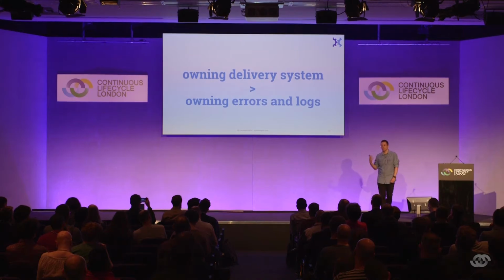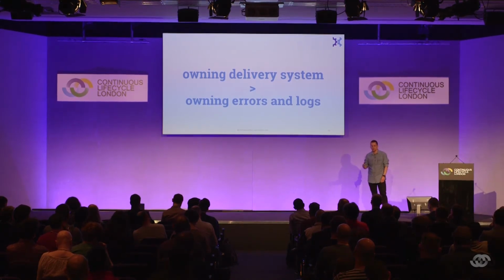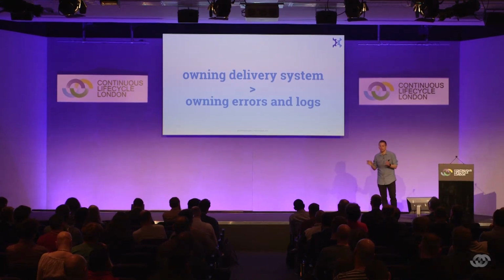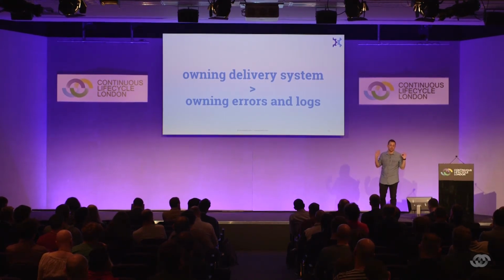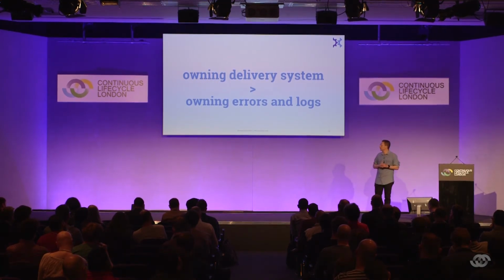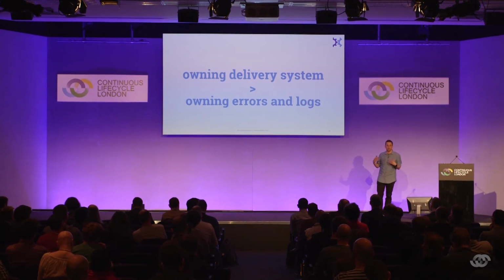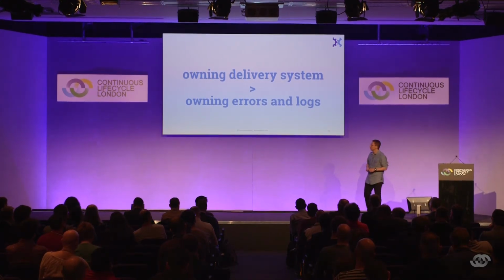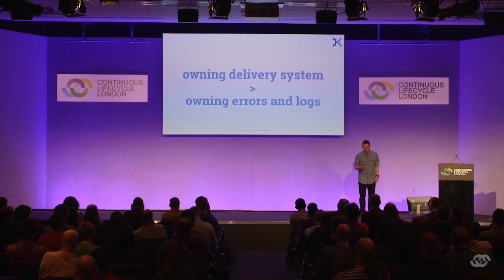If in an organization the pipeline is broken, and the developers say, well, it's not the code, it's not the tests, it's the tooling or the infrastructure of the delivery system that is broken, I'm going to go and have a coffee, and no one else is responsible for initiating the recovery of the delivery system, then it's probably going to take a really long time to get back up.